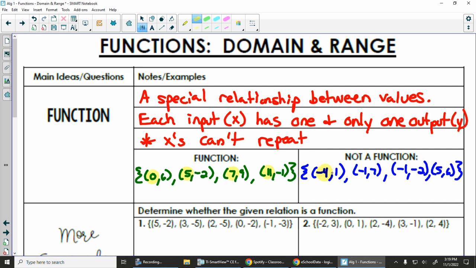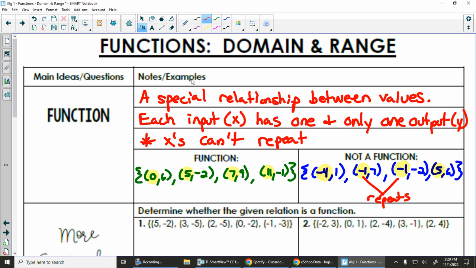We have a -4, a -1, a -1 again, and a 5. So here you can see that these two x's, -1, are reused. They repeated, and in a function, you are not allowed to repeat your x's. Every x, every input, is paired with one and only one y, only one output. So you cannot reuse your x's in a function.